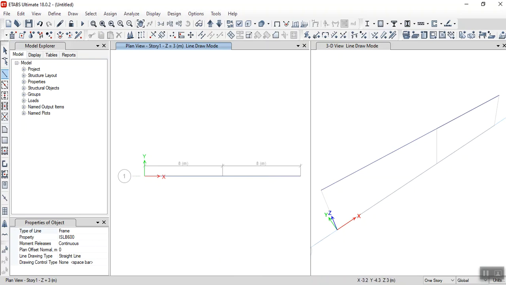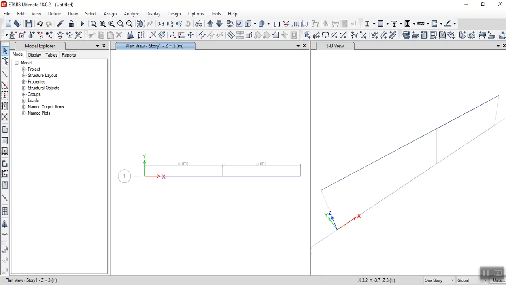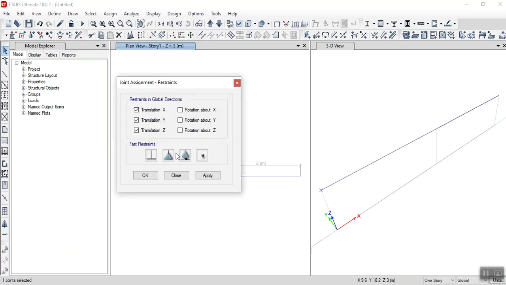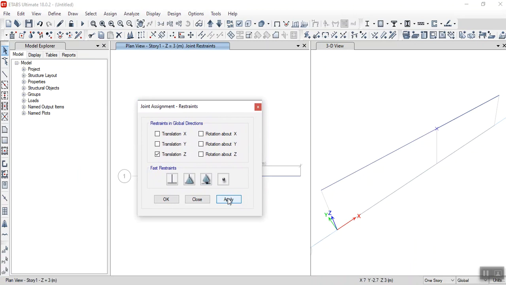Now we have support A is hinged and support B is roller, and no supports in overhang section, so we assign joints. Joints in support A is hinged, so we apply hinge, and in B we apply roller.